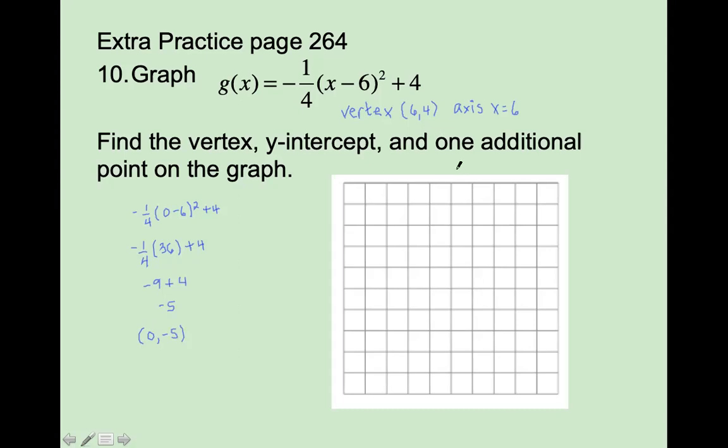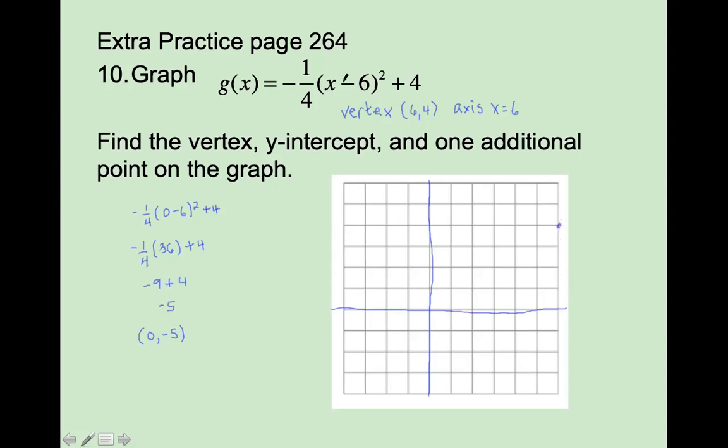All right, so I'm going to graph some things that I have here. Hopefully I have enough room on this grid to show all of this. We know our vertex is at (6, 4). I didn't leave myself a whole lot of room here. All right, let's see. Vertex (6, 4): 1, 2, 3, 4, 5, 6, 1, 2, 3, 4.